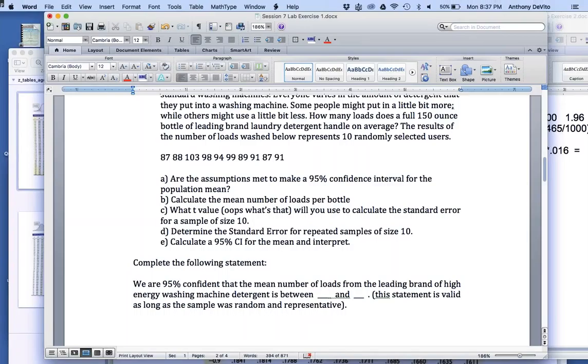So if you have two groups with 15 in both, you're always going to be over 30. So we don't worry so much about whether we know the population standard deviation for proportions, because we're always working with a larger sample size.